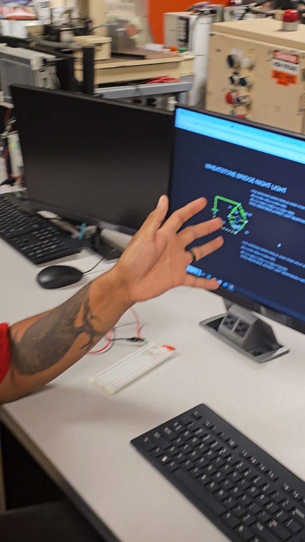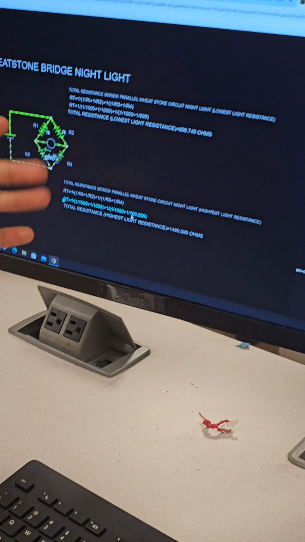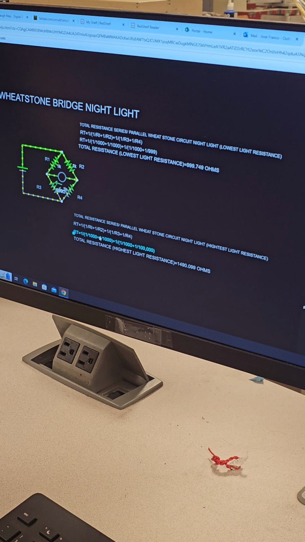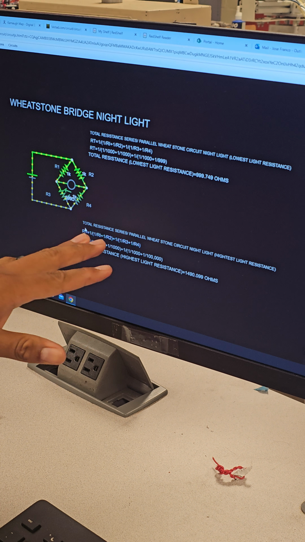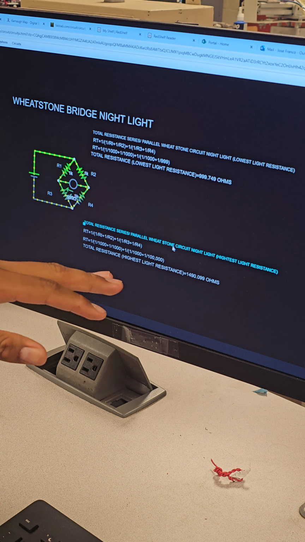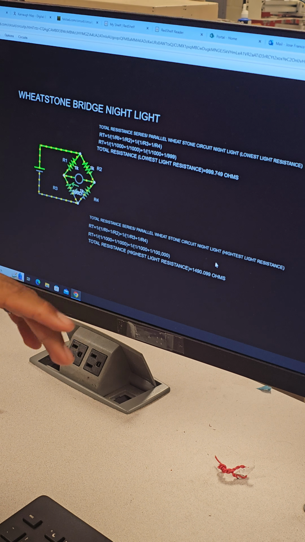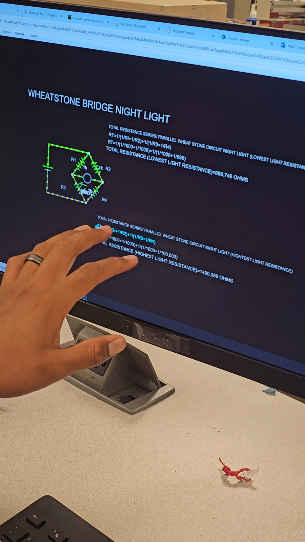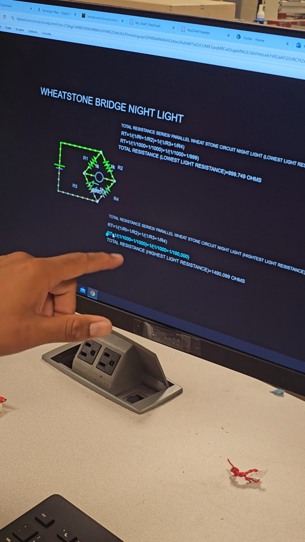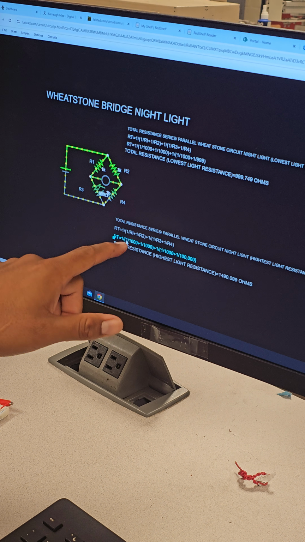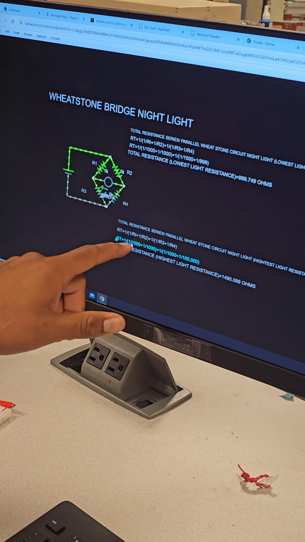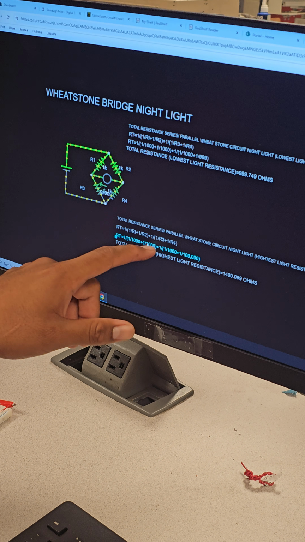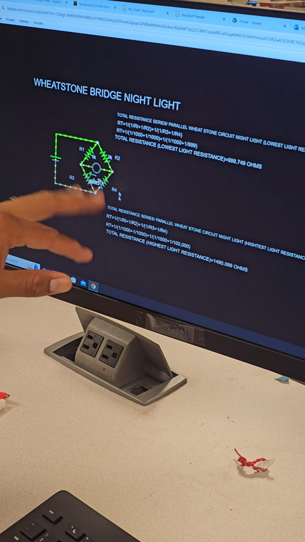Now we're going to show you the highest resistance, whenever it's completely bright out or you're shining a flashlight on it. So the total resistance for a series parallel Wheatstone circuit nightlight for the highest light resistance is the same concept that you would do up top, same type of formula. Only difference is at the very end right here. So it's 1 divided by (1 divided by 1000 plus 1 divided by 1000). That's this side again.